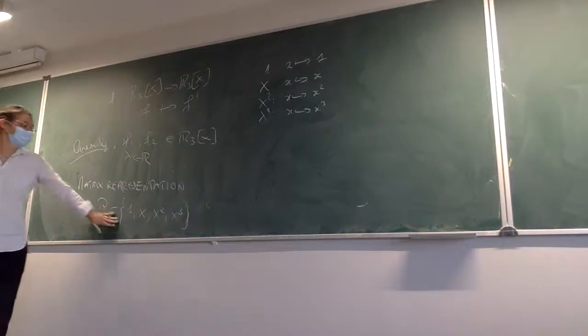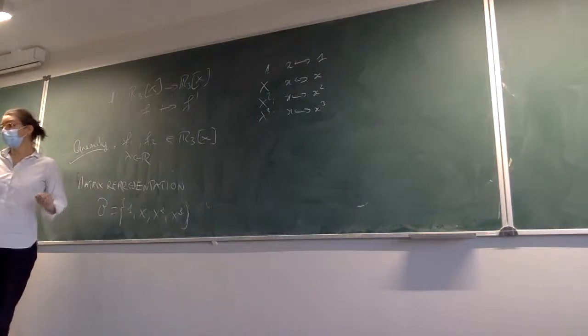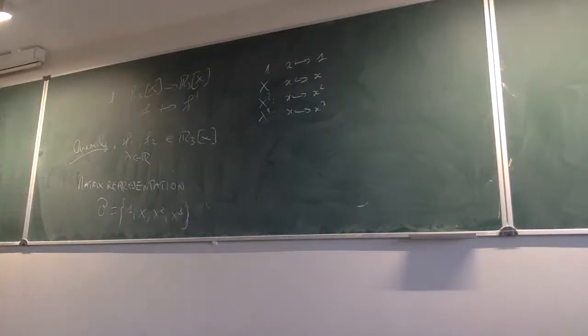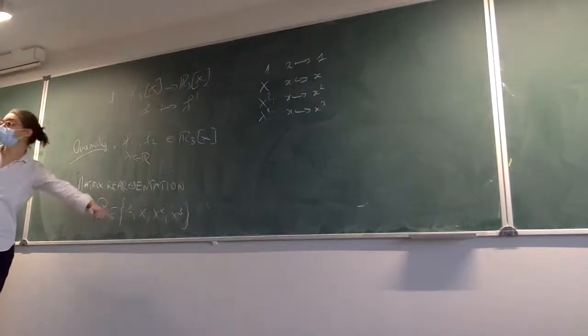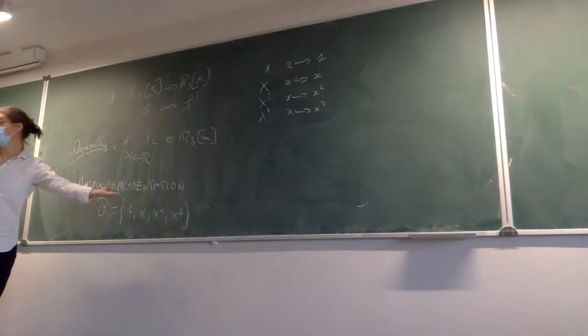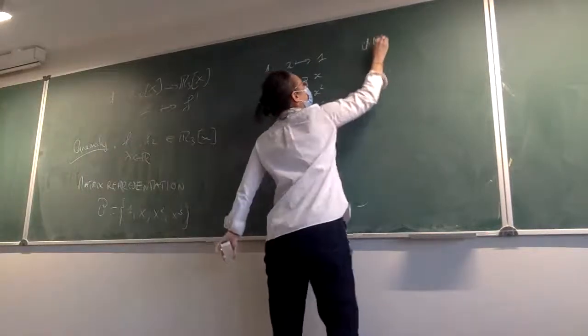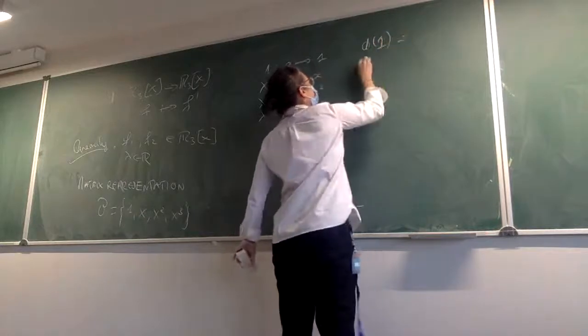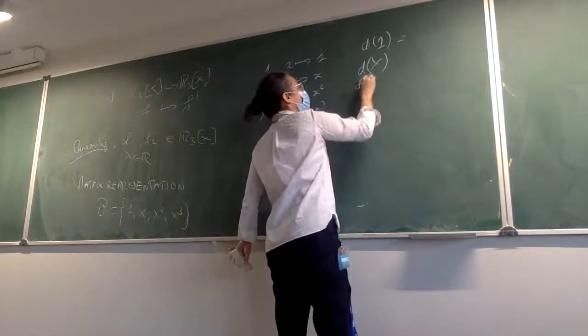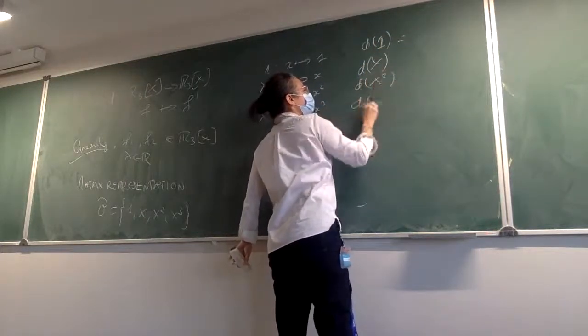If I want my matrix representation, as we said earlier, I just need to know the images of each of these elements. So I need to know D of polynomial 1, D of x, D of x2, and D of x3.